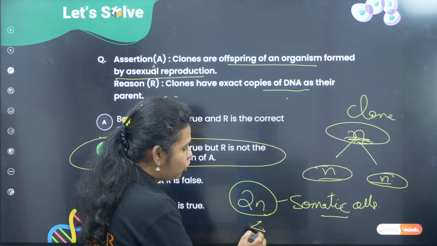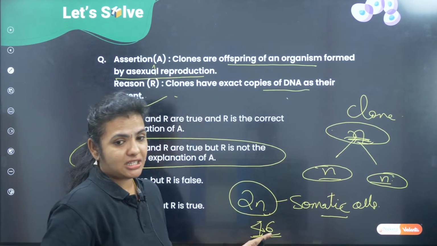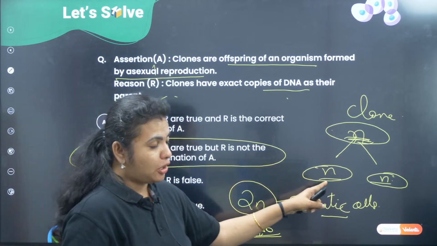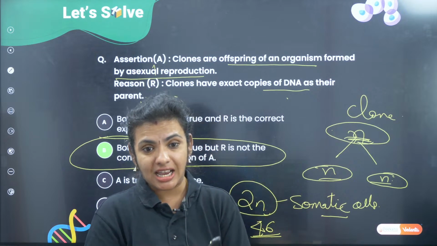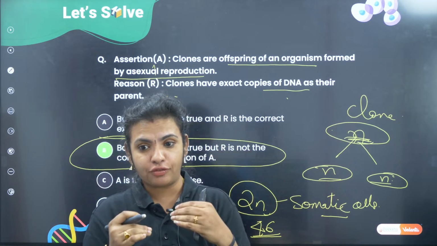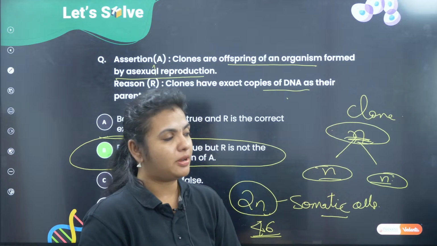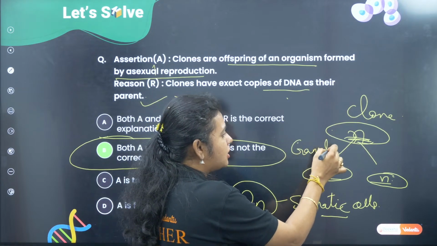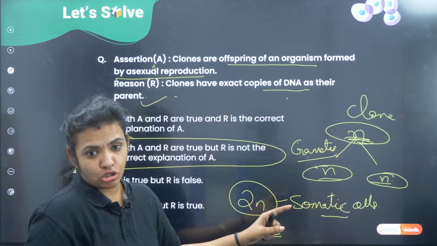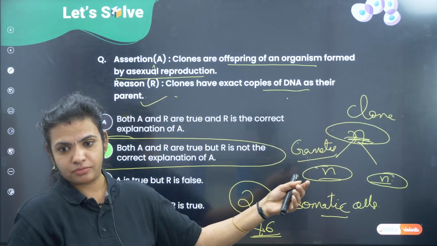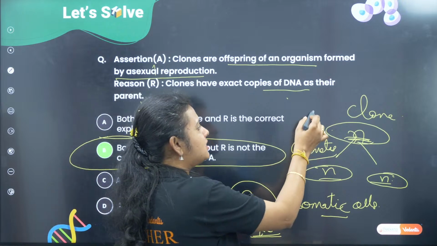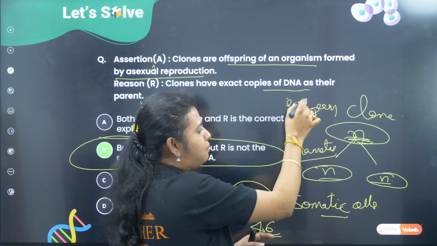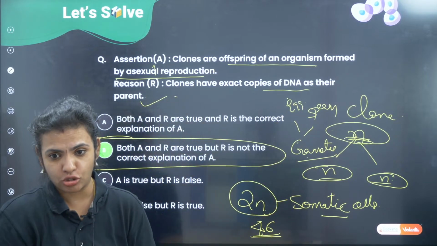Taking an example of a human being, all the somatic cells have 46 chromosomes. Whereas haploid means those cells which have half the number of chromosomes. So in case of human beings, the gametes or sex chromosomes, the allosomes, are haploid. So in case of human beings, the sperm and egg are haploid, having half the number of chromosomes.